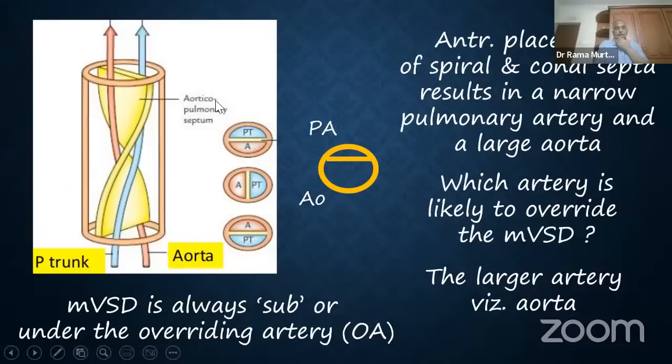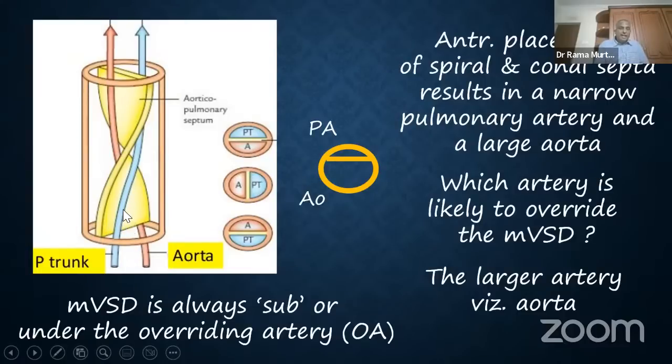So now let us look at the anterior displacement or anterior placement of the spiral and conal septa. This is anterior, this is posterior. You can see the blue line, and that is the pulmonary trunk. And behind is posterior.